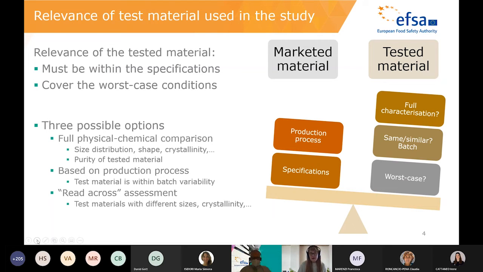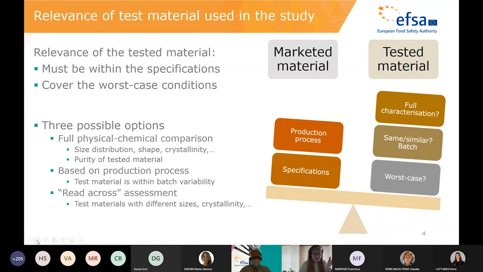Yes. And then we have, for the old studies, 3 possible options. For new also, we have the same, but it is easier because you generate new data. So we need to have full physical chemical comparison of the material which is marketed in case of old and proposed to be marketed for new applications.